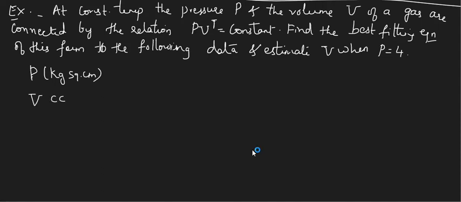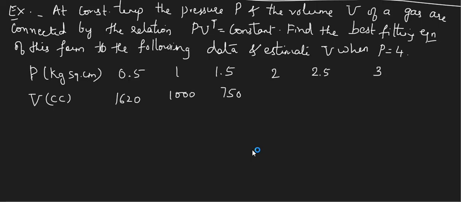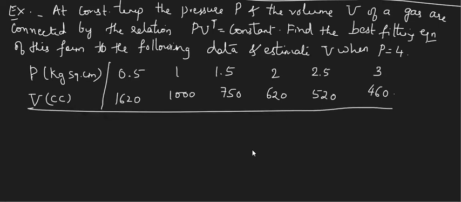V in cc, cubic centimeter. Okay, so P is 0.5, 1, 1.5, 2, 2.5, 3. Corresponding V values are 1620, 1000, 750, 620, 520, and 460. Do write this. This is one of the important examples.